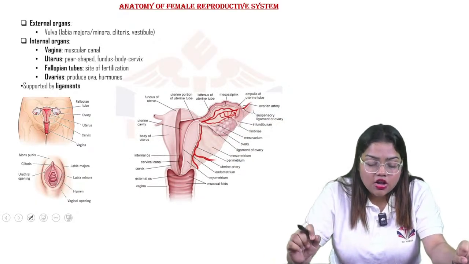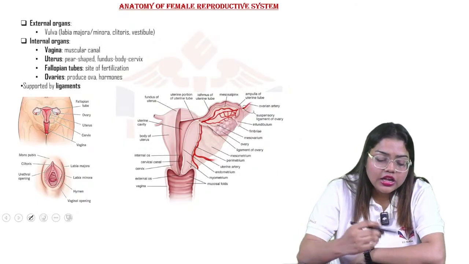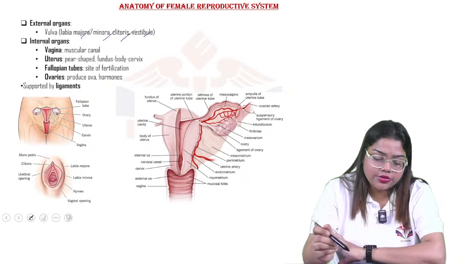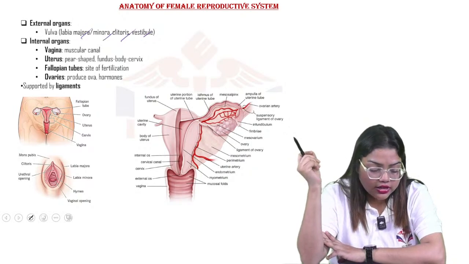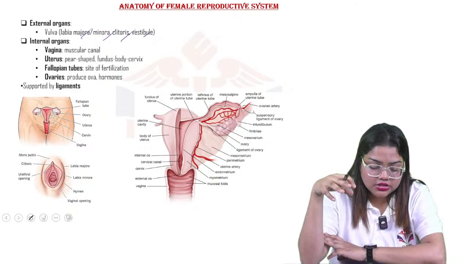The external organs are called the vulva, which includes the labia majora, minora, clitoris and vestibule. The internal organs include the vagina, which is a muscular canal, and the uterus, which is pear-shaped with fundus, body and cervix.